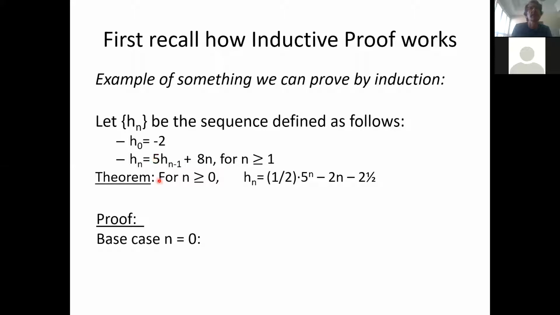And here is a theorem about it, that for any n, the nth element has a closed form formula, which is 1/2 times 5 to the nth power, and then an offset -2n minus 2.5.